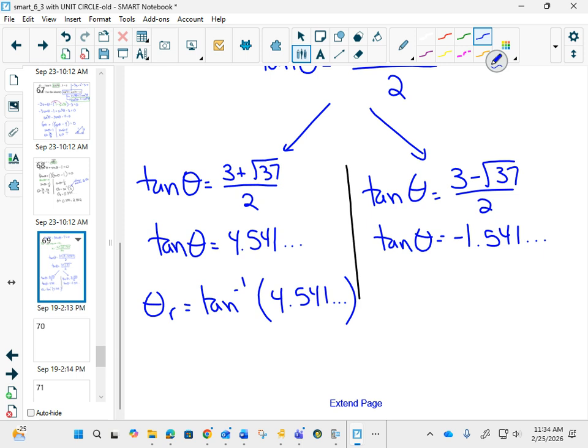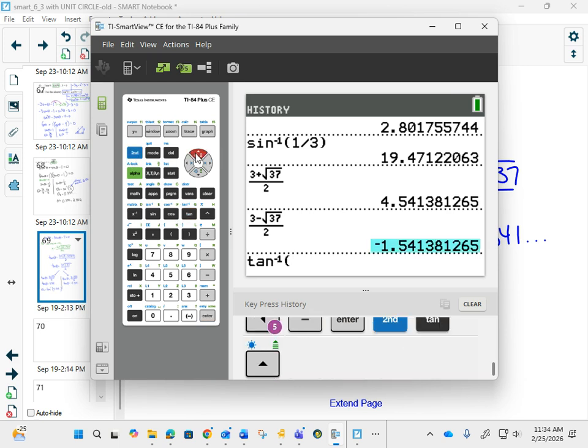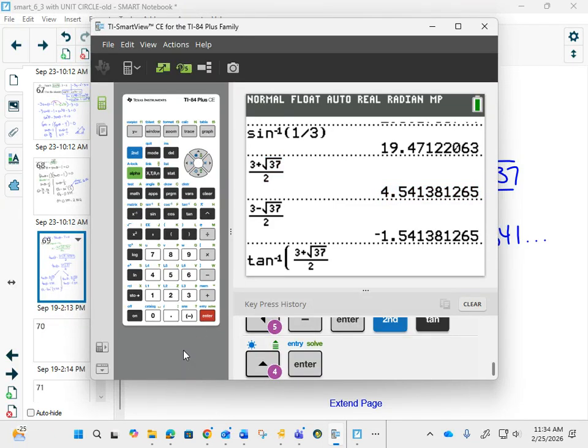So I need to do the reference angle, tan inverse of that. So when I go to my calculator, I can go tan inverse, and I can either take this 4.54 and type it in with all the decimal places, or I could take the fraction and type it in. Both would be okay.